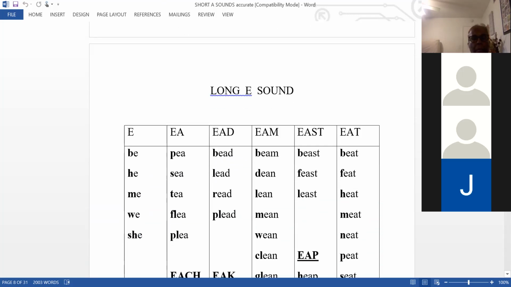E, long E. E by itself says E. E-A. E again. Eed, eam. E-A coming together. You are not hearing the A sound. You are only hearing the E sound. Actually, when I started teaching reading around 1996, this is what I started with.